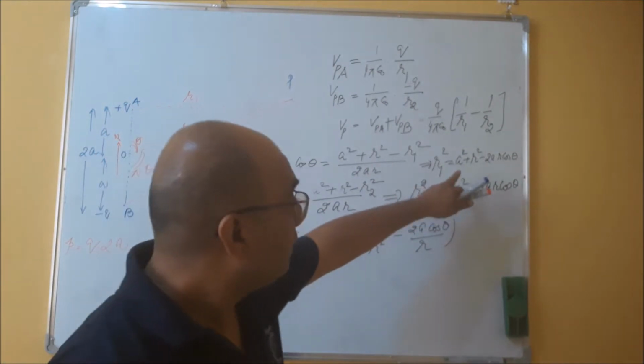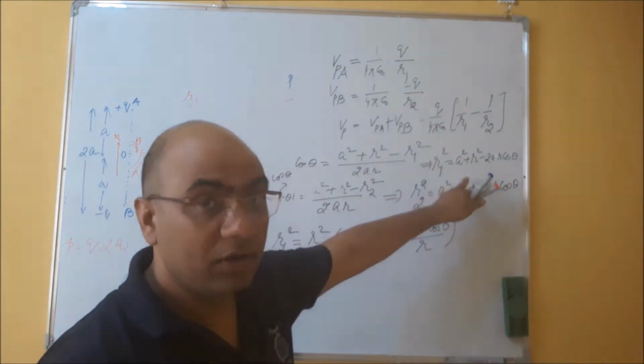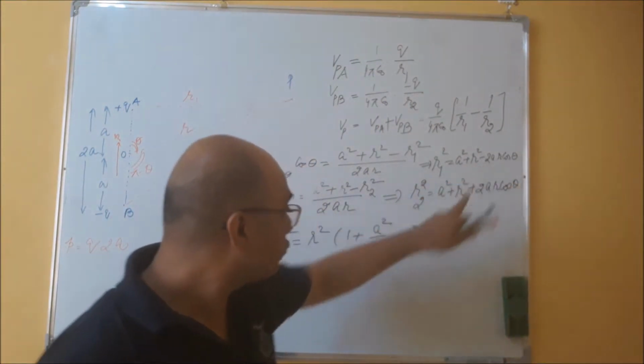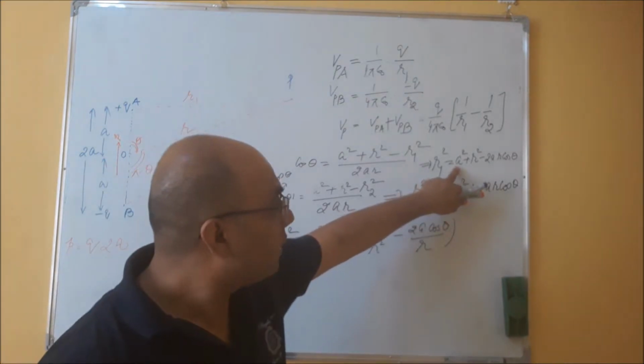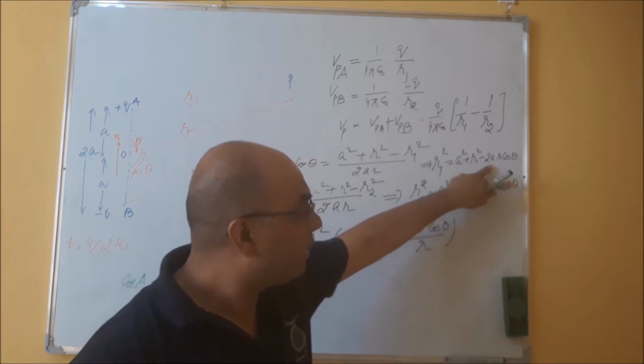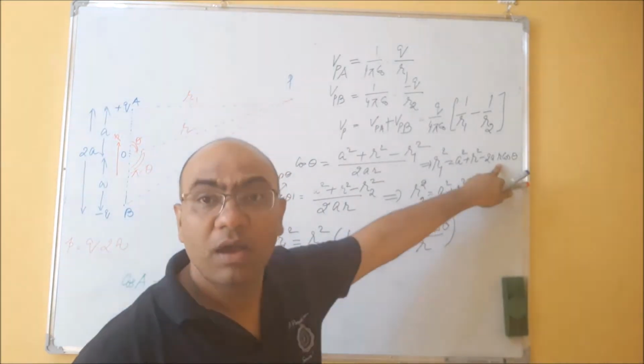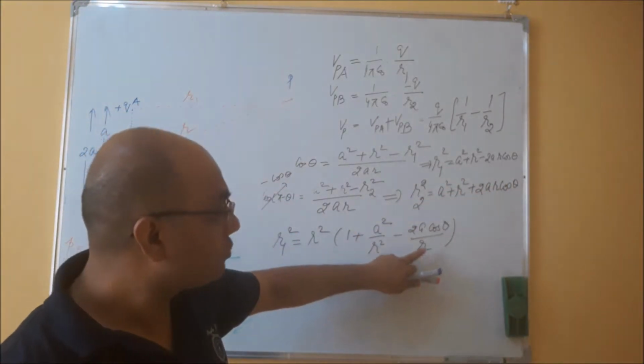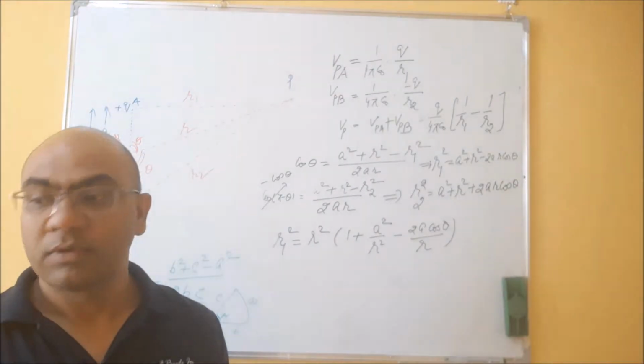What am I doing? I am taking R square common here. So when I take R square common, this is 1, A square upon R square will come here, minus 2AR cos theta divided by R square. So 1 R will cancel with 1 R, so 2A cos theta upon R.